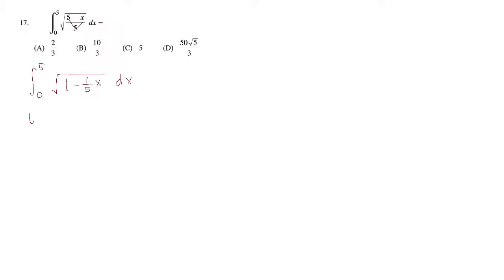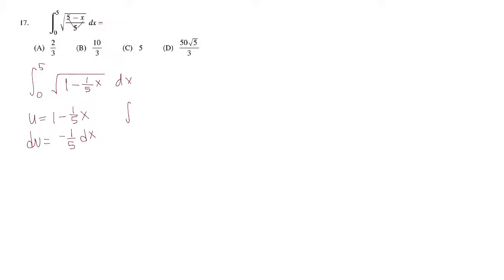And so we could say u equals 1 minus 1/5 x. So du is actually just -1/5 dx. And so we can adjust our endpoints also here, or we can leave it and come back. It's really not going to matter. So let's see if we integrate here, and I'll go ahead and adjust my endpoints.